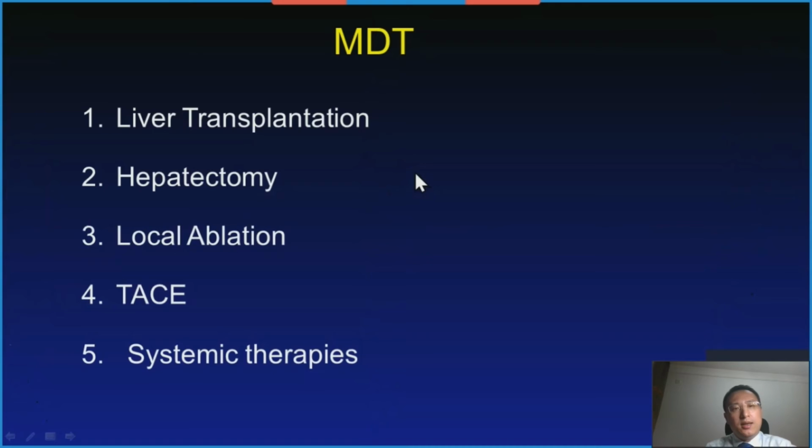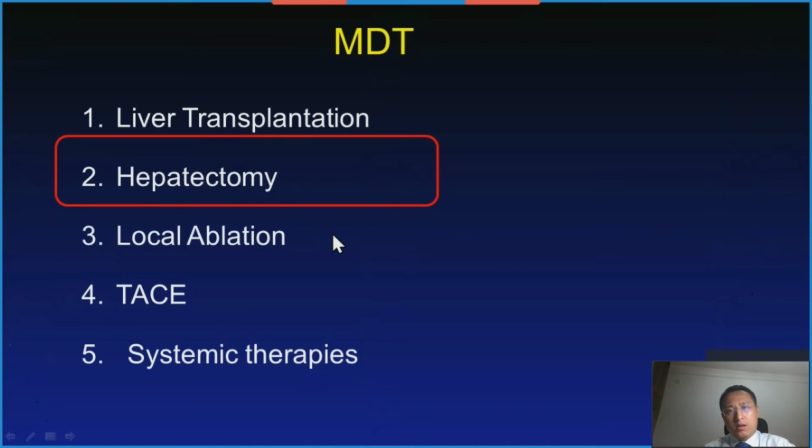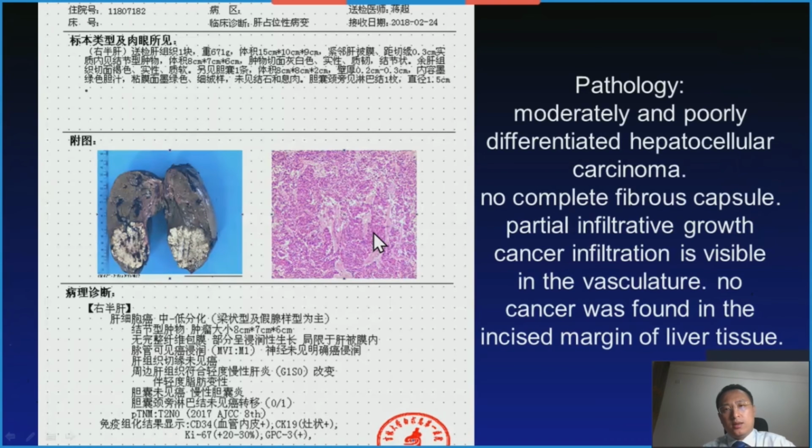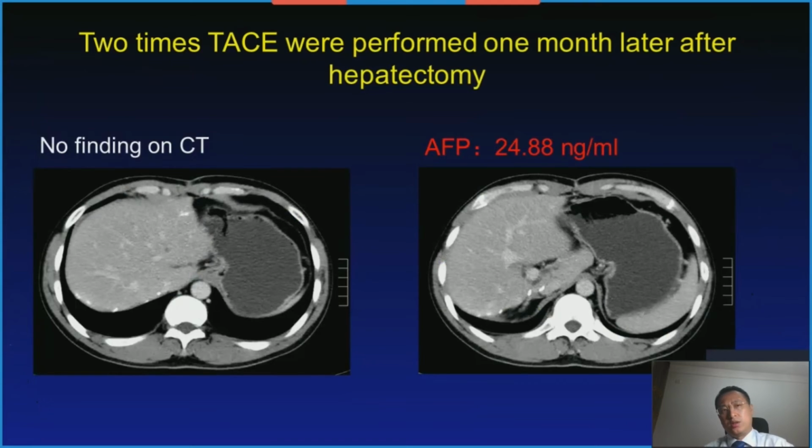After the MDT, the patient had a hepatectomy. Pathology: moderately and poorly differentiated HCC. After the operation, the patient had two TACE treatments, and there was no finding on CT, and the AFP decreased but not to normal.